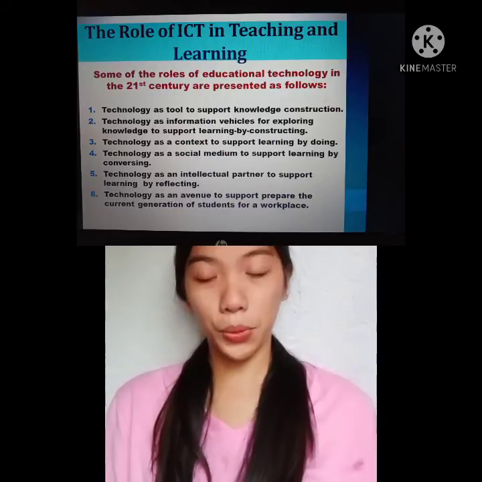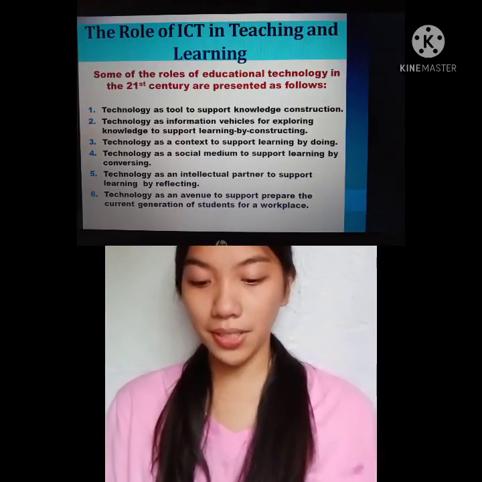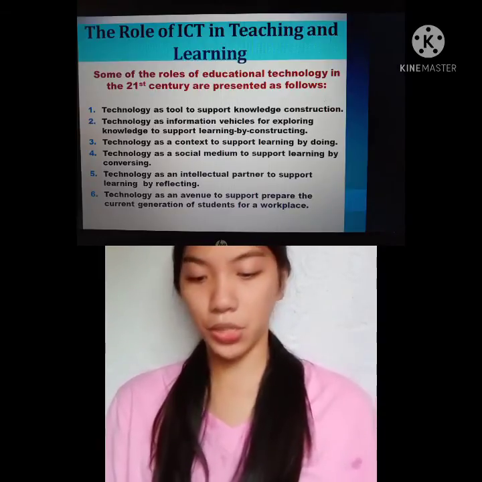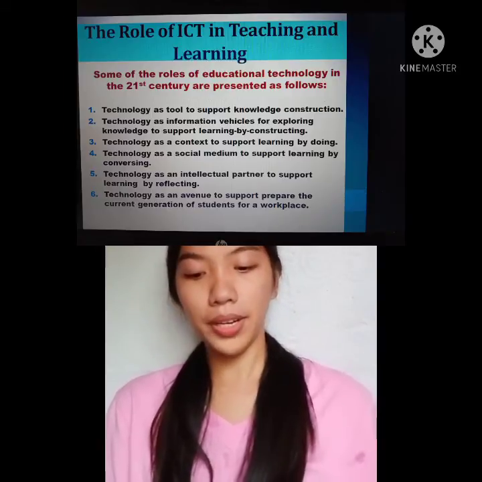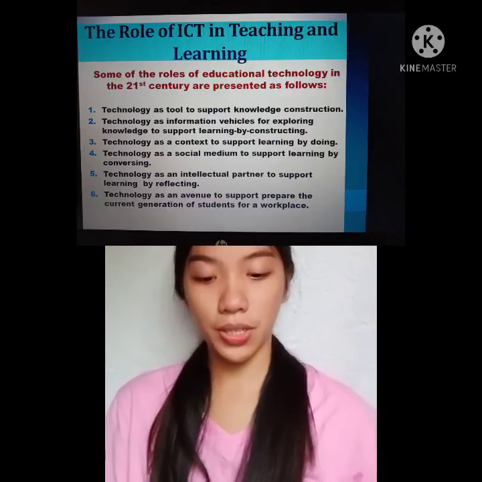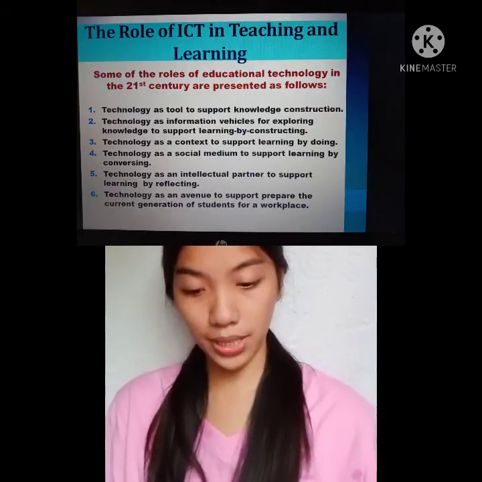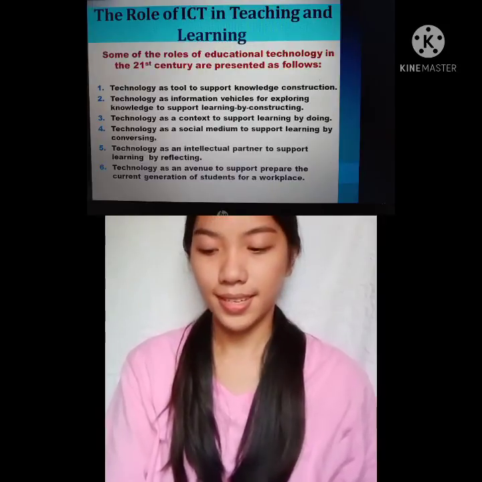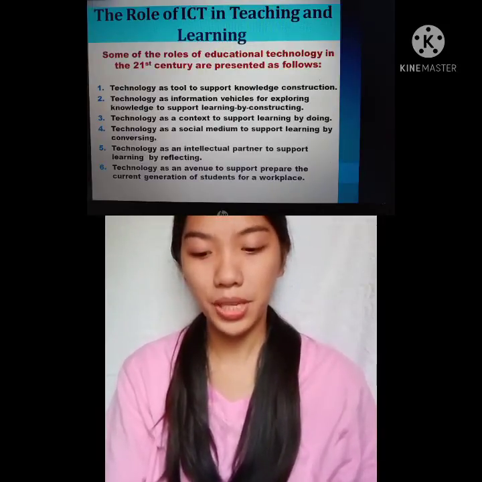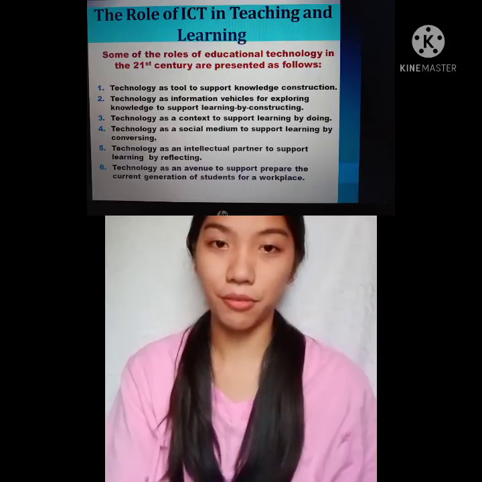The third role is technology as a context to support learning by doing. It is the tool where gathered information, design, and instructional programs could be applied to support learning by doing. The fourth role is technology as a social medium to support learning by conversing.